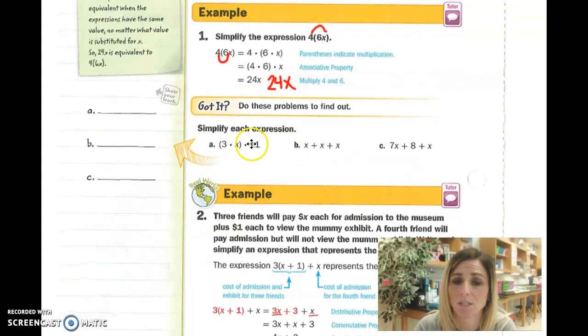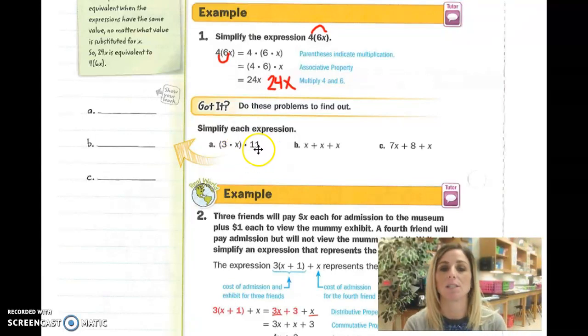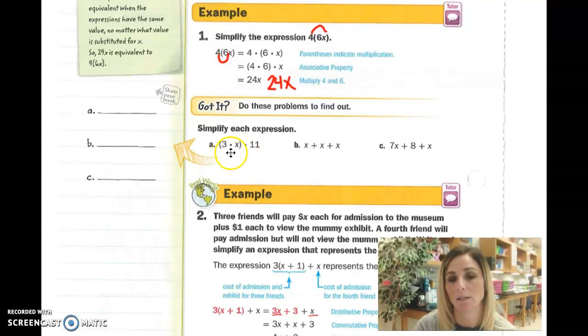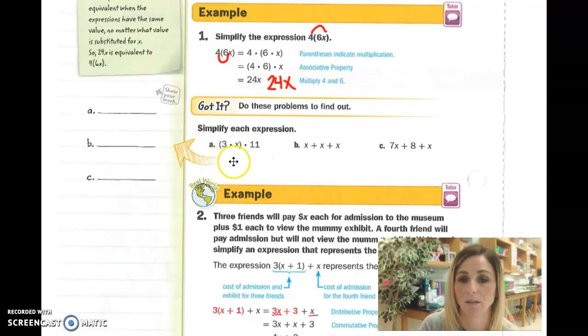Let's take a look at these examples down here. We're going to simplify each expression. So what we're going to do is first look at what numbers we can combine together, or variables we can combine together. When I look at the first expression, I see 3 times x times 11. Well, when I write this, I'm going to change it around and put 3 times 11 times x.